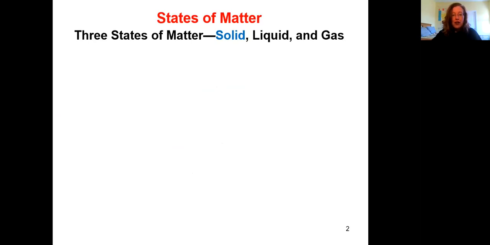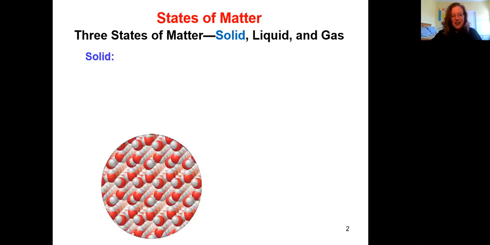There are three main states of matter. There's actually a brand new one called liquid glass, and a couple more versions, but we're going to focus on the three big ones: solids, liquids, and gases. Solids have a definite volume.